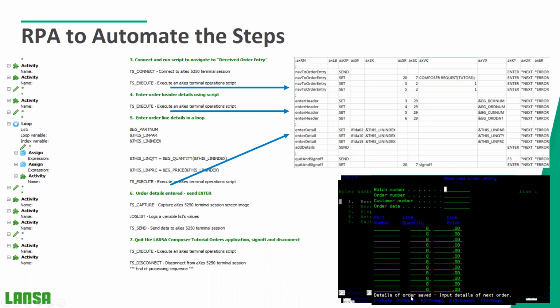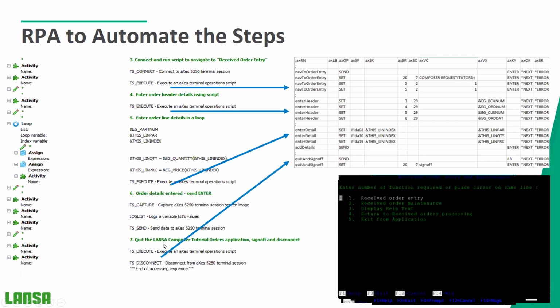But the other reason is line 22. A lot of RPG or 5250 applications tell me that something worked by showing a message on line 22, either an error message or a success message. So TS capture allows us to read things off the screen as well. Right, and then we send that data to the screen and then we sign off.